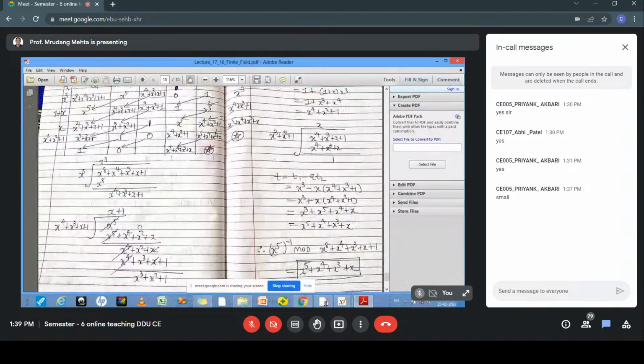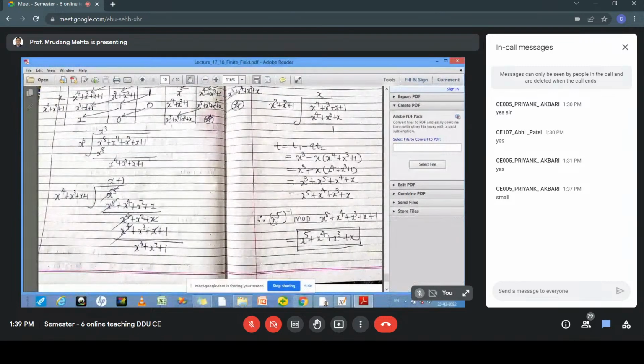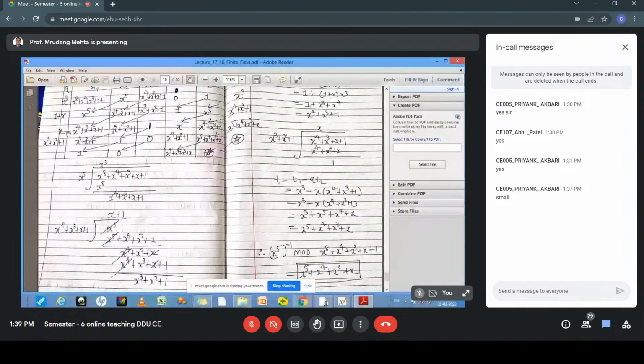Because addition is an XOR operation, x raised to 5 gets cancelled out. So what remains is this. Now again, if we multiply it by 1, then the x raised to 4 gets cancelled out. So what remains is x raised to 3 plus x square plus 1. So this becomes our remainder. So x becomes our Q and x cube plus x square plus 1 becomes our remainder.